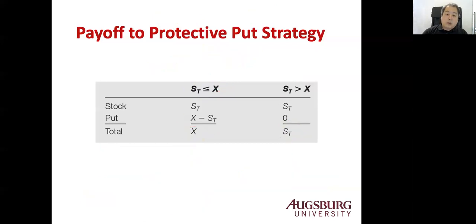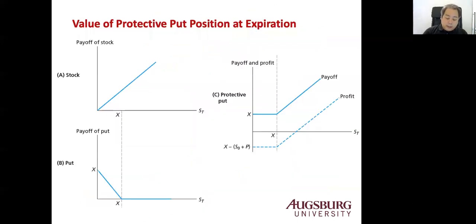If you draw the graph, this is only the stock, this is the put option, then the protected put is this one. For the protected put, your minimum payoff is X, the exercise price. When the stock price hits the exercise price, the payoff starts to increase. This is S0 plus the premium. That's the cost. If you subtract the cost, that's the profit.